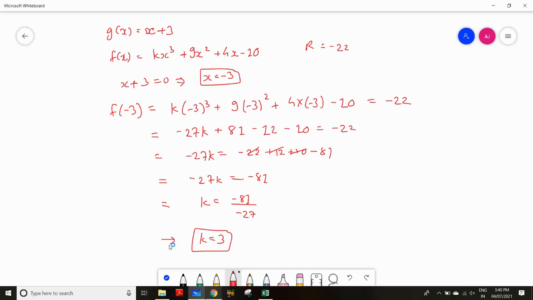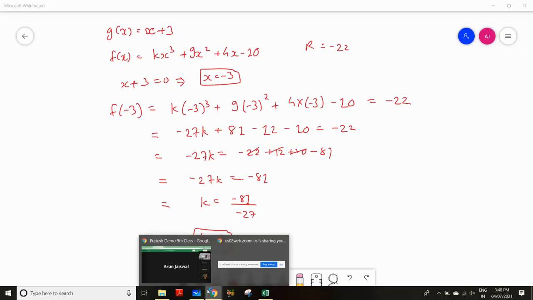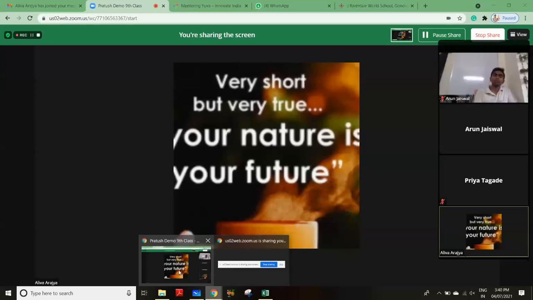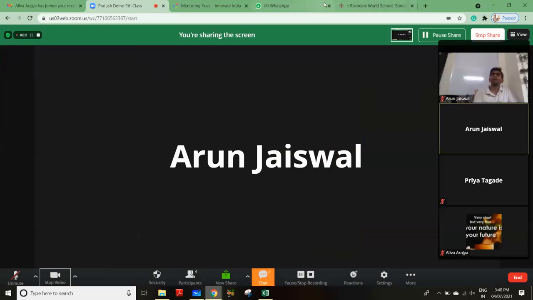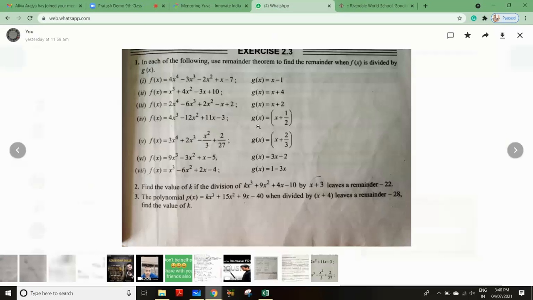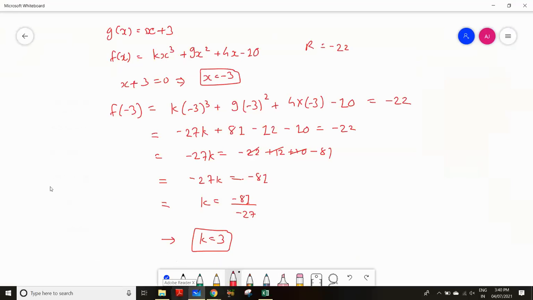Did you understand how you got the value of k? Yes, sir. Okay, would you like to write it, or should I erase? No, sir, I'm writing this question. Okay, this is question number 2. So the difference is that in the first question we had to find the remainder, but in the second question the remainder is given.